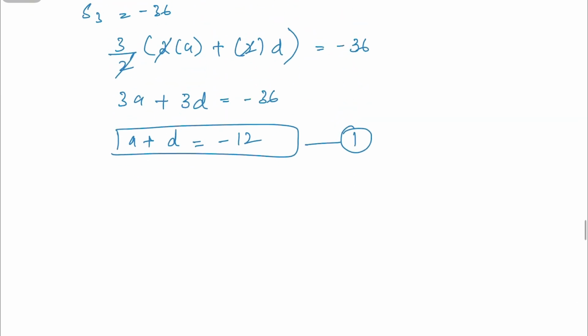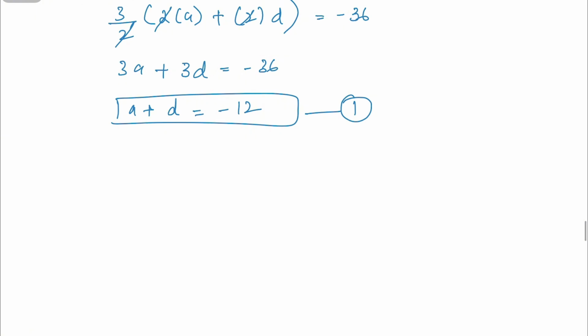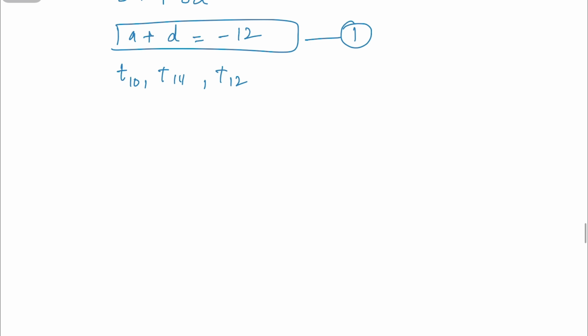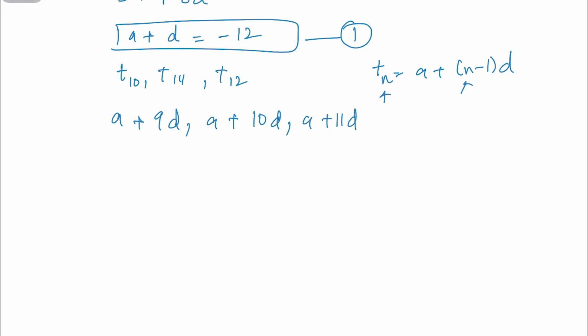To calculate our second equation, we have to use the last three terms. What will be our last three terms? T10, T11 and T12. Since the formula for the nth term is a plus n minus 1 d, where n is the term, T10 is a plus 10 minus 1, which is 9d, T11 is a plus 11 minus 1, which is 10d, and T12 is a plus 11d finally.